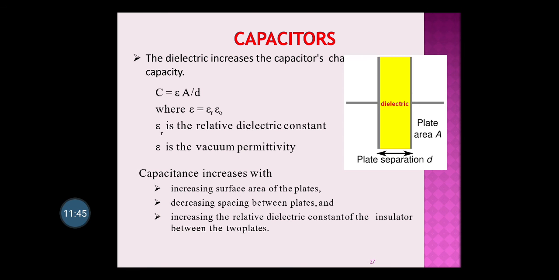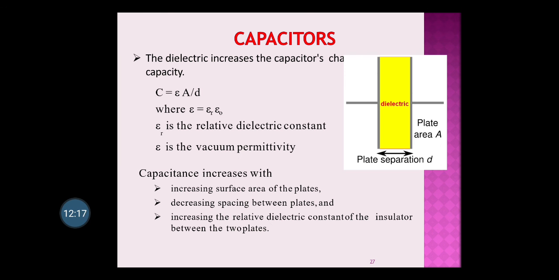D is the distance between these 2 plates, and how it affects the capacitance value you can see here. And epsilon is equal to epsilon R into epsilon 0. This epsilon R is the relative dielectric constant. It is related to the insulating material. Whichever insulators you are using, each has some relative permittivity, and the vacuum permittivity is fixed.